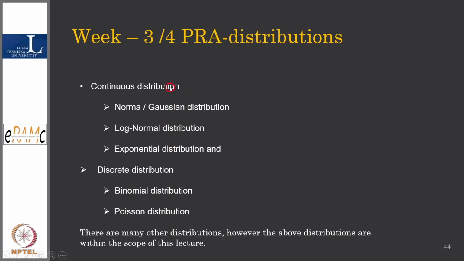If you are interested, you can see more distributions, but in probabilistic risk assessment, my assessment is that if we learn these six distributions, with Weibull added, it serves our purpose. And in the next lecture, we will again take up this topic, and we will have PRA and statistics estimation.